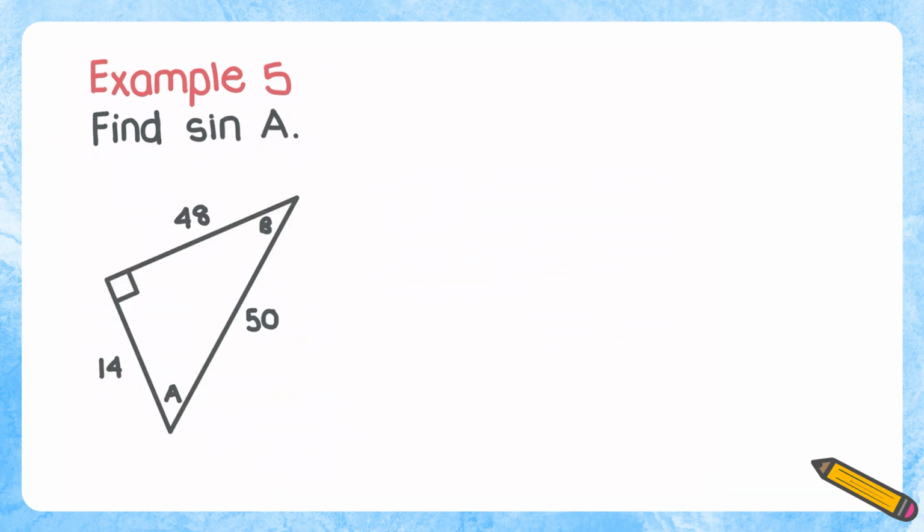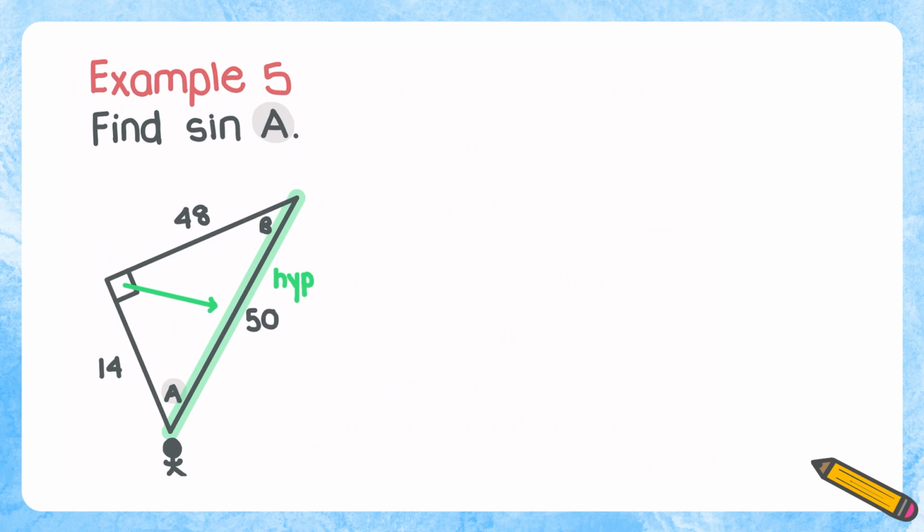Sometimes your triangle may be facing a different direction, but we still will use the same steps. So here we're going to find sine of angle A, which is this angle right here. So I'm standing right here, and although it looks a little confusing, remember the hypotenuse is always across from the right angle.